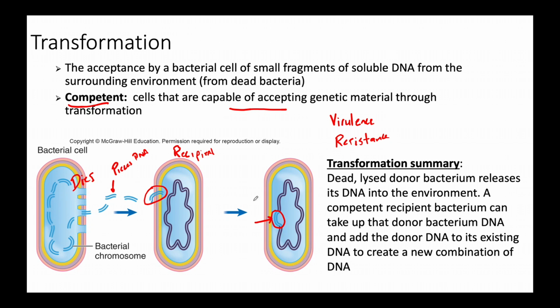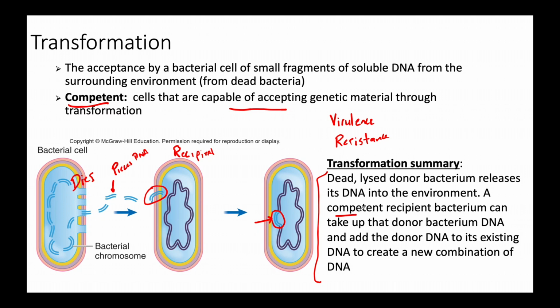This is the shortest summary I could come up with. A dead or lysed, so kind of exploded, donor bacterium releases fragments of its DNA into the environment. Those are those little blue bits. There are recipient bacteria present, and not all bacteria are competent. Again, competent means they are capable of taking up DNA from their environment.